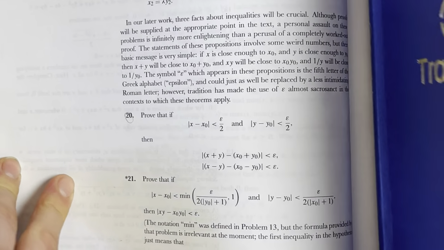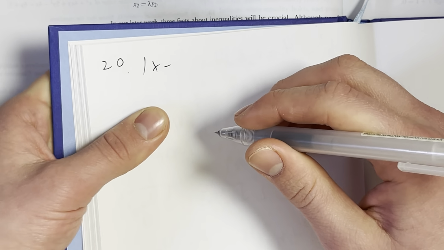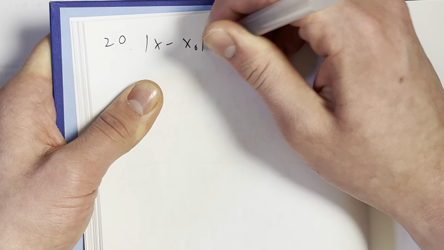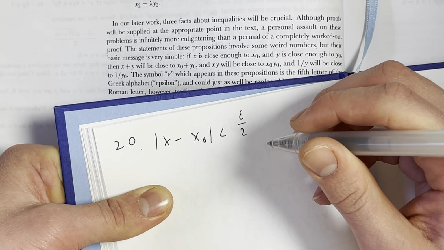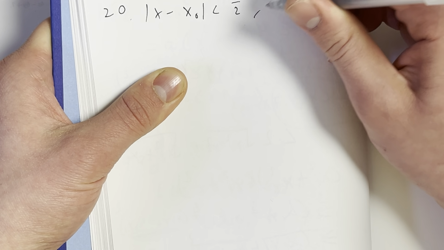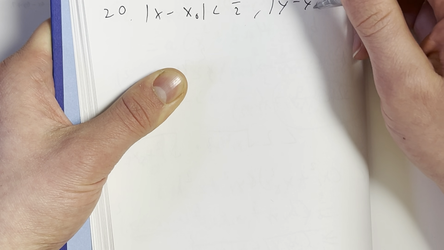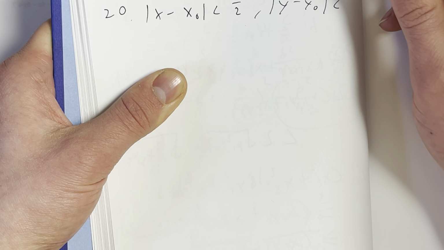But okay, to the problem now. So absolute value of x, sorry, you can't see. Absolute value of x minus x0 less than epsilon over 2. And absolute value of y minus y0 less than epsilon over 2.